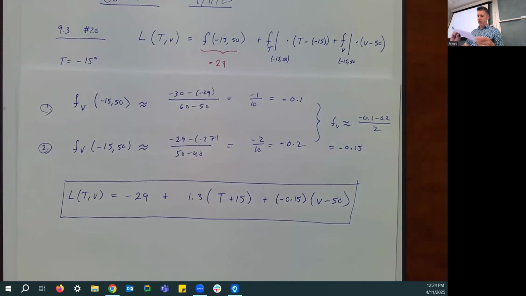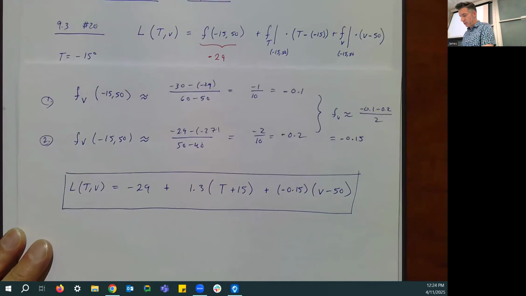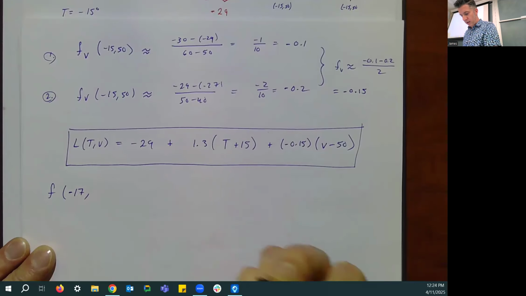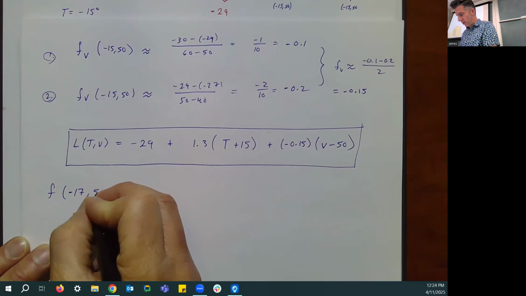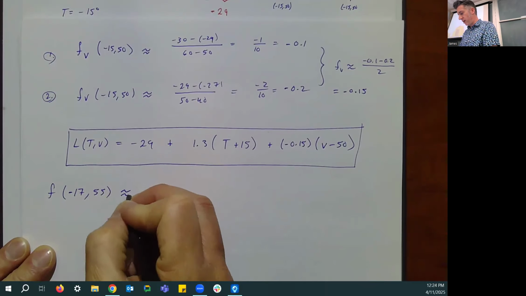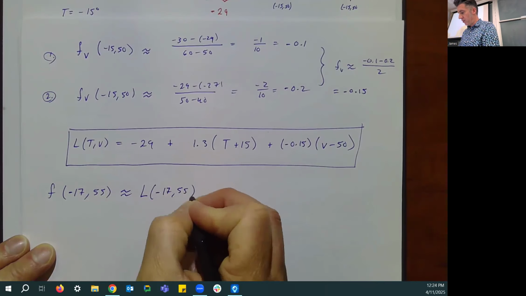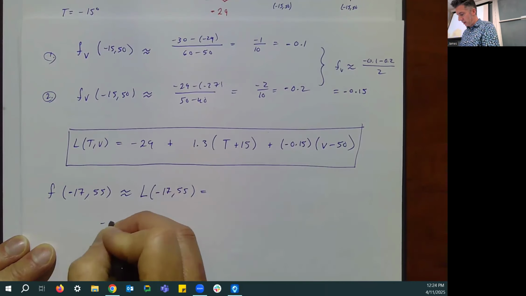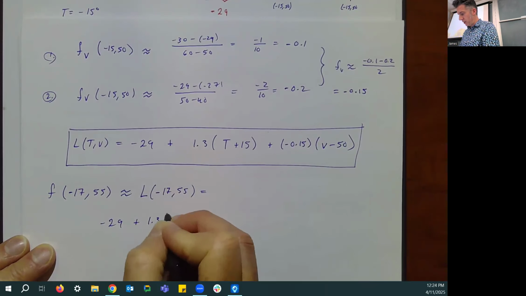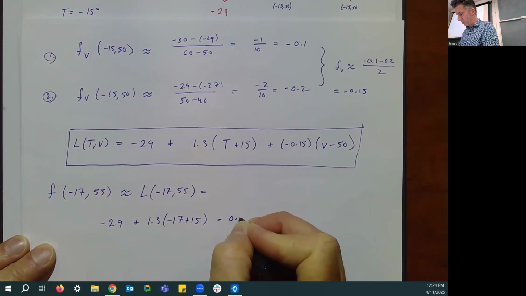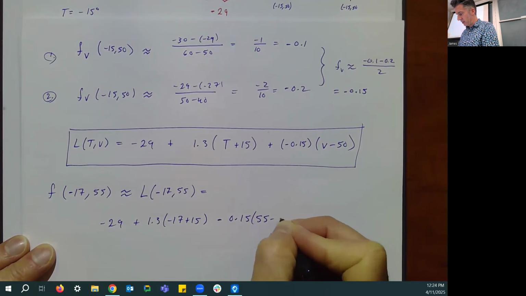And then the rest of the question was to estimate the wind chill index when the temperature is negative 17 degrees. So we want to estimate f of negative 17 and a velocity of 55 kilometers per hour. Well, great. That's just going to be approximately our linearization evaluated at negative 17, 55. We plug in our values and we get negative 29 plus 1.3 times negative 17 plus 15, minus 0.15 times 55 minus 50.